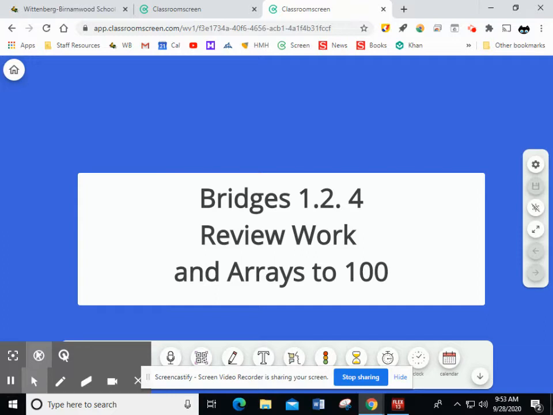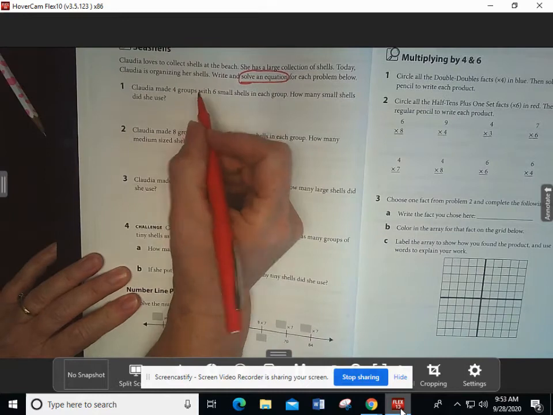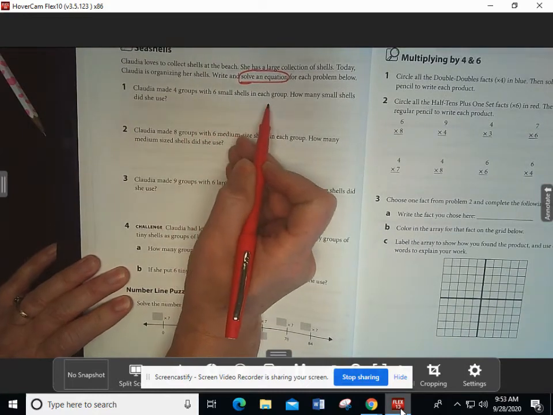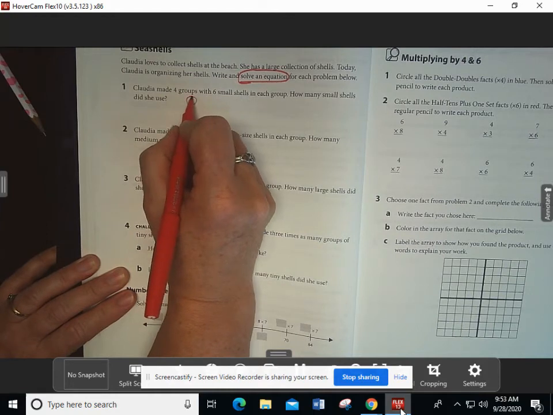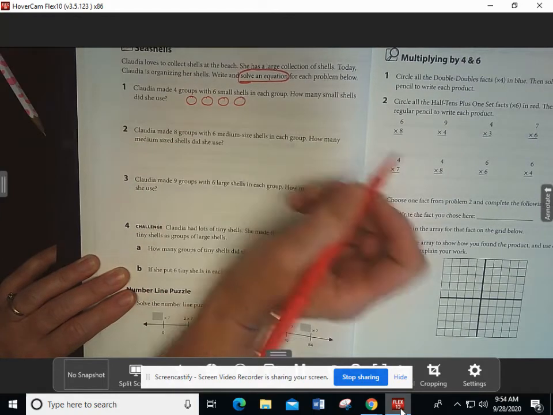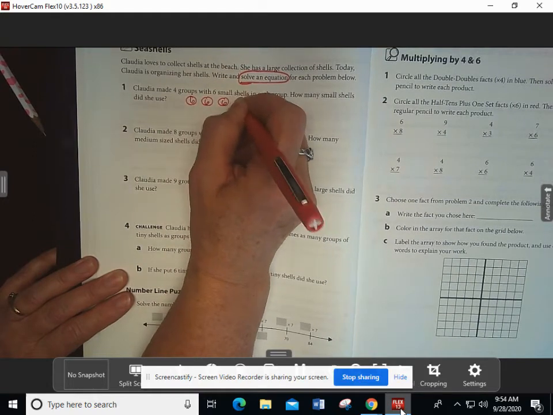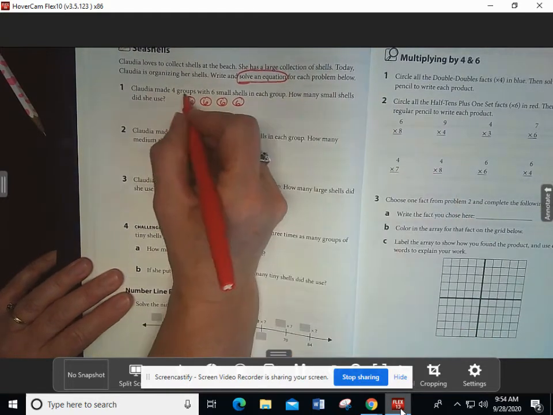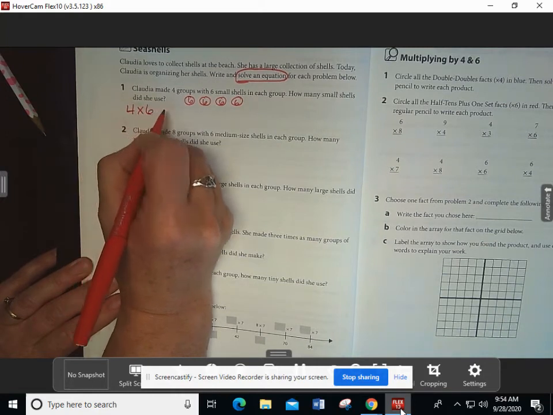Okay, we are back, and we've been working really hard, and some of us have brains that hurt. Anyway, when we were working this through, some of the students chose to make 4 groups with 6 in each group. There's our 4 groups. We have 6 in each one. 4 times 6, 4 groups of 6.